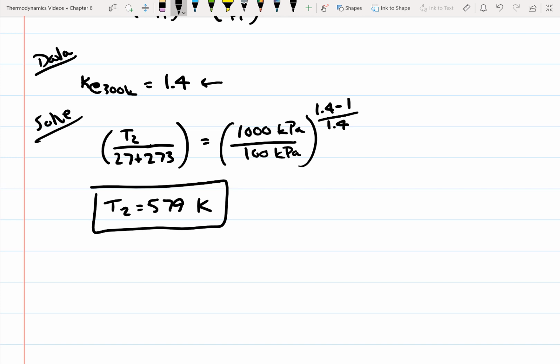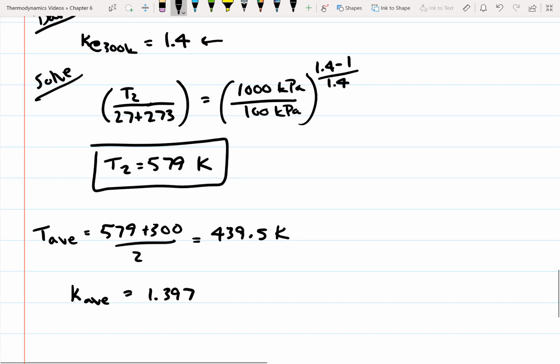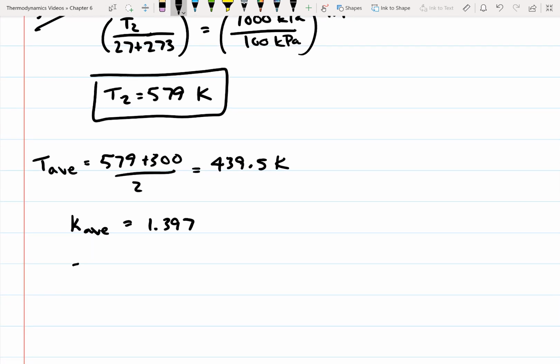So let's do that. T average is equal to 579 plus 300 divided by 2, which is equal to 439.5 Kelvin. And so then K average at 439 Kelvin is equal to 1.397. So then we can resolve this.